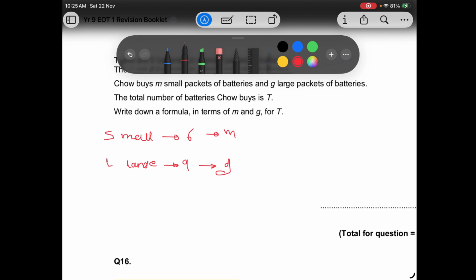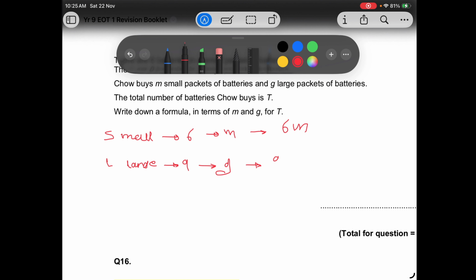I will continue here, guys. How many batteries are in all small buckets? I have M buckets, each one contains 6, so it will be 6M. So 6M represents the number of batteries in all small buckets. And how many batteries are in large buckets?